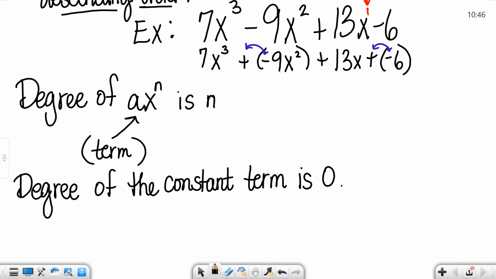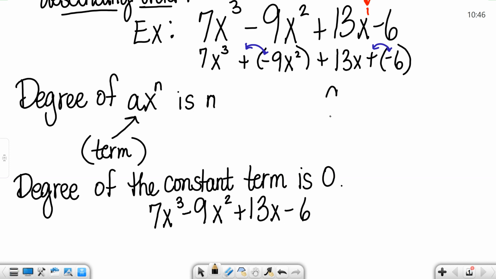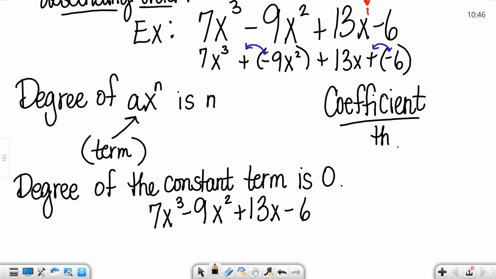So if we look at our polynomial up here, I'm going to separate it into each term, the coefficient for each term, and the degree for each term, just so that we can see what all of those things mean. I said the word coefficient, so I need to make sure you understand what it is. A coefficient is the number part of the term.